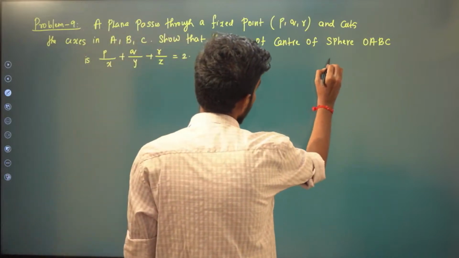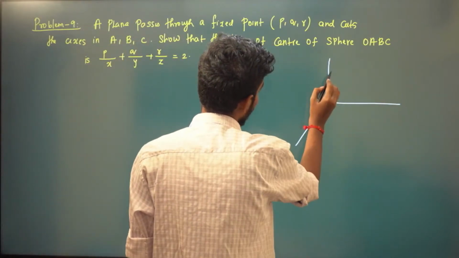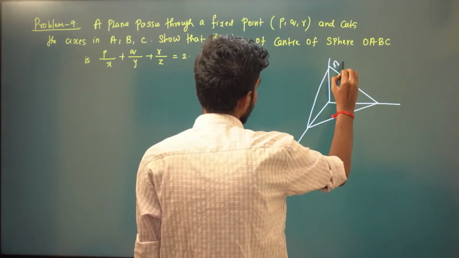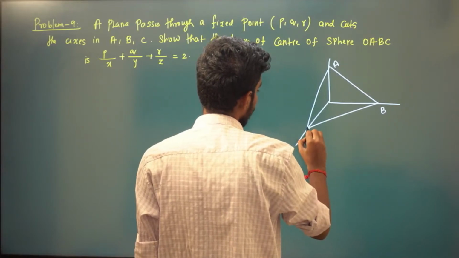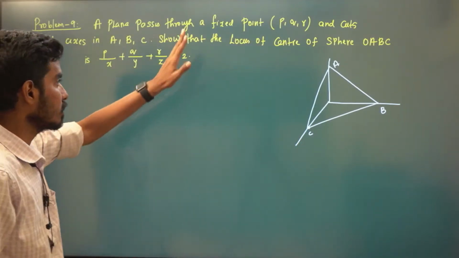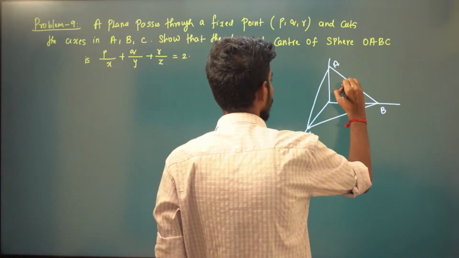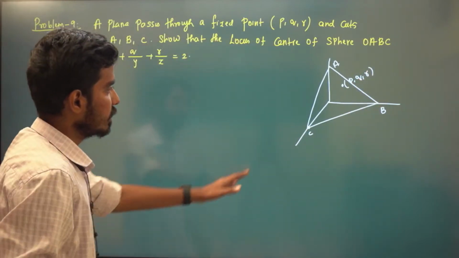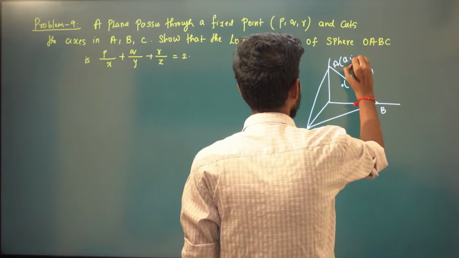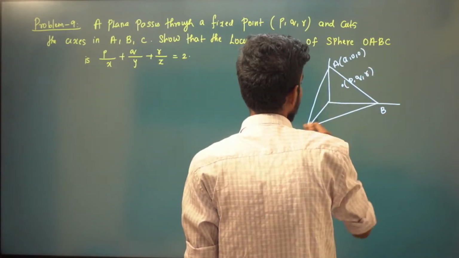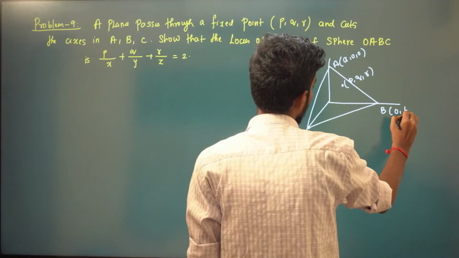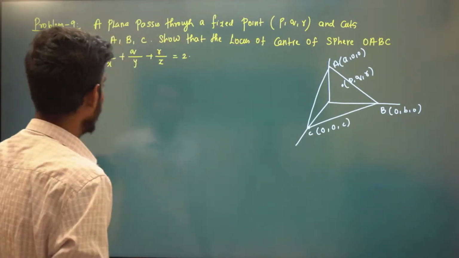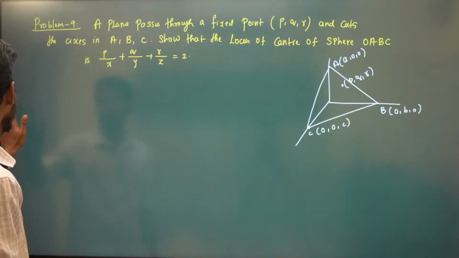So we have a plane that makes an intercept capital A, capital B, capital C, right? And it is passing through a point P comma Q comma R. Let us say the intercepts are A comma 0 comma 0, 0 comma B comma 0 and 0 comma 0 comma C. Usually we will write this as A, B, C, right?